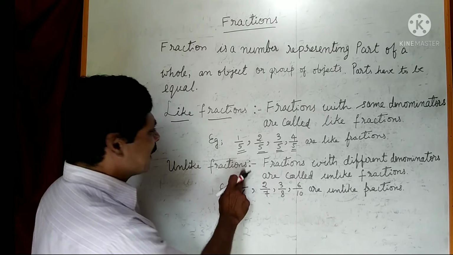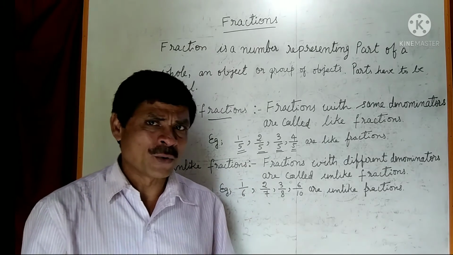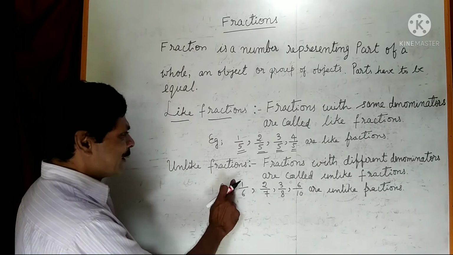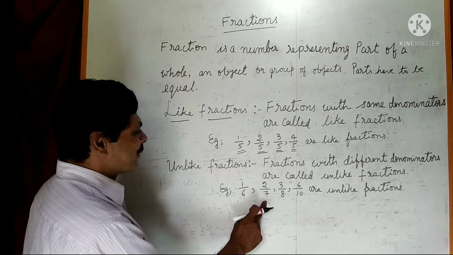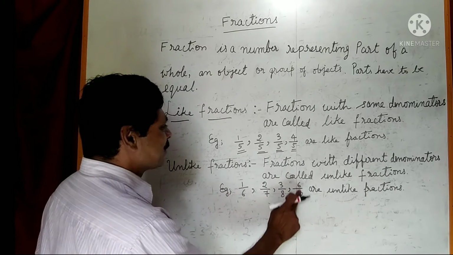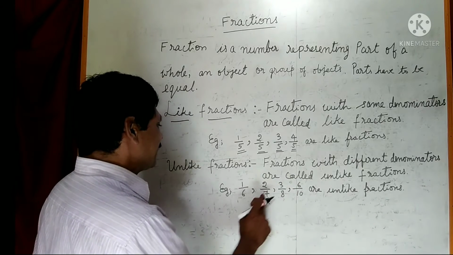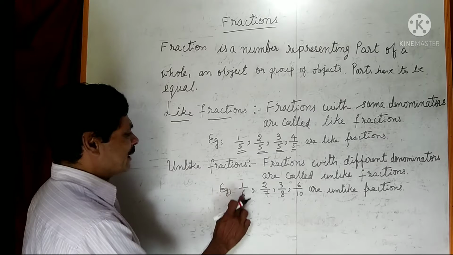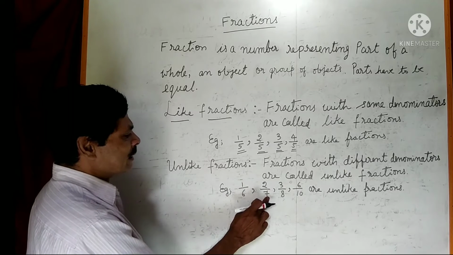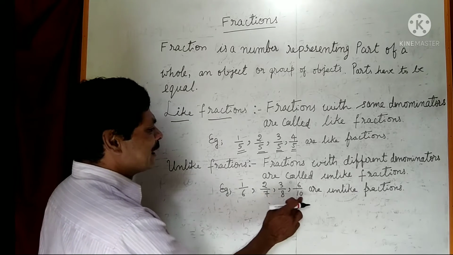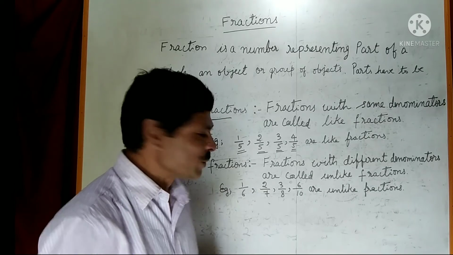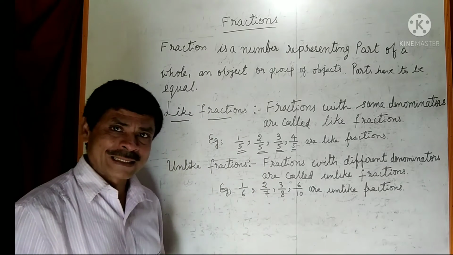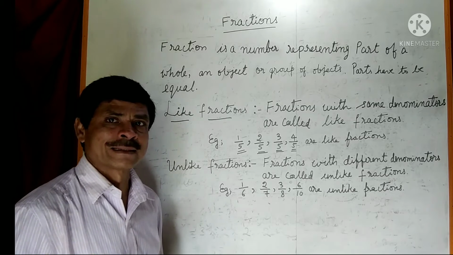And unlike fractions are the fractions which have different denominators. Okay? For example, 1 by 6, 2 by 7, 3 by 8, 6 by 10. Here we see the denominators are different. 1 by 6, here denominator is 6, denominator is 7, denominator is 8, denominator is 10. So that when the denominators are different, the fractions are called unlike fractions.